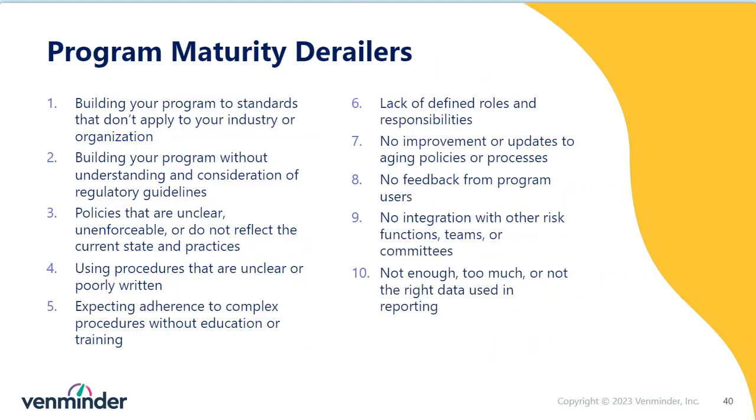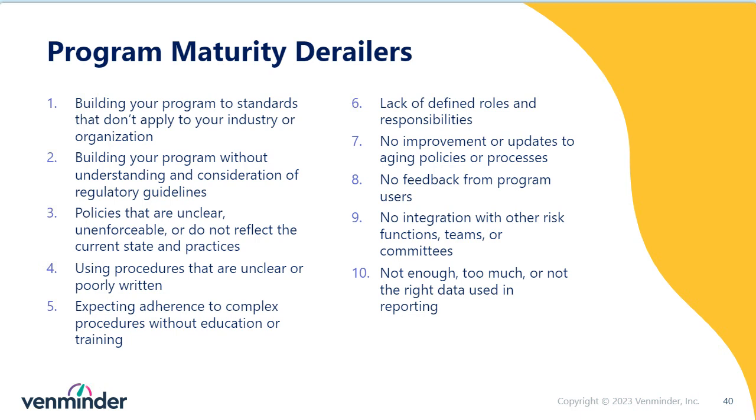So there are a couple derailers that may be existing in your program now, or these are things to avoid as you go forward. I'm not going to read them all, but I do want to call out a few. One of the first is building your program to standards that don't apply to your industry or your organization. This happens all the time. You really need to right-size it and scale it appropriately. Another is expecting adherence to complex procedures or requirements without any education or training.